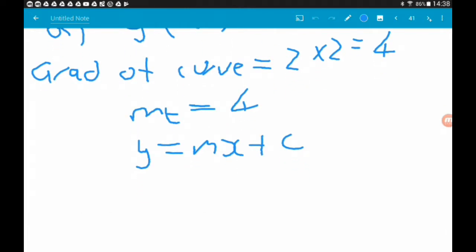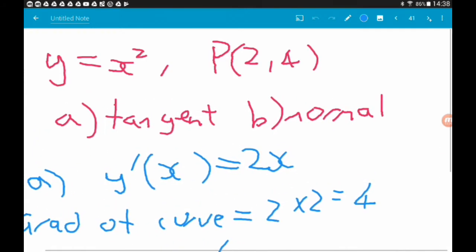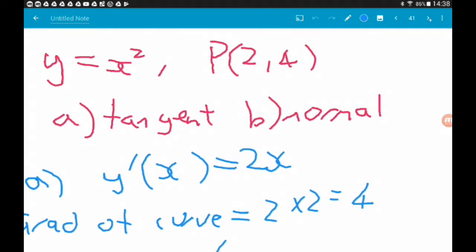So if we put the gradient in, y equals 4x plus c. Now we need to find the value of c. To do that, we substitute in our x and y coordinates. Remember, our point has coordinates (2, 4).